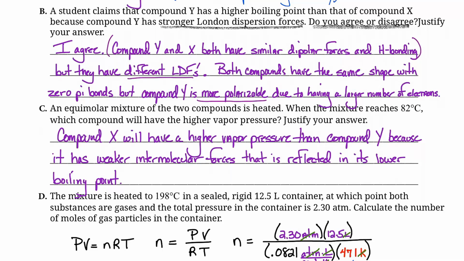But the key here is, who's going to have a greater amount of liquid evaporating? Well, who has weaker intermolecular forces? Well, we just established in B that the LDFs are weaker in X. And since the H bonding and the dipolar are similar, compound X has weaker intermolecular forces.